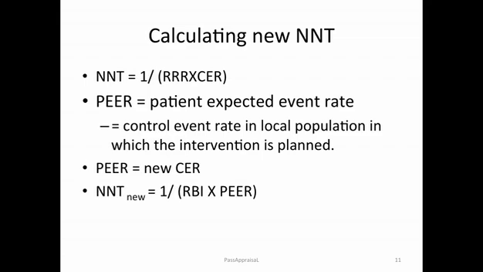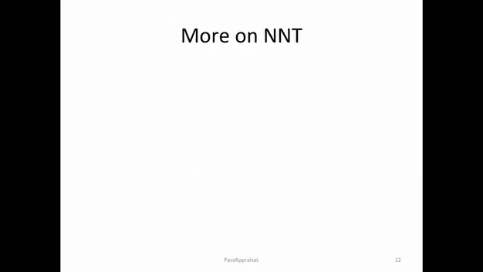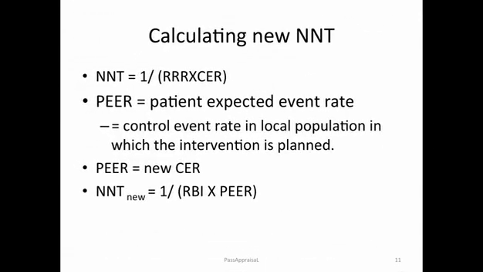So to calculate NNT new, we now need to replace CER by PEER in the above formula. Just going back on it, NNT new is given by 1 by RBI or RRR into PEER. So I've replaced CER by PEER.